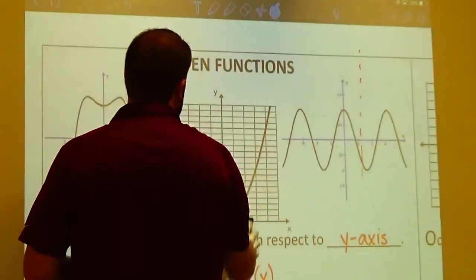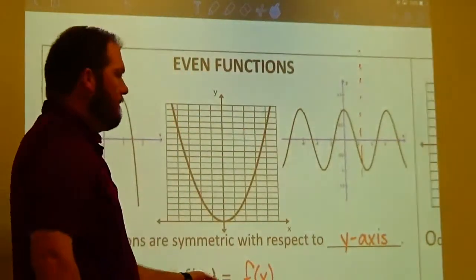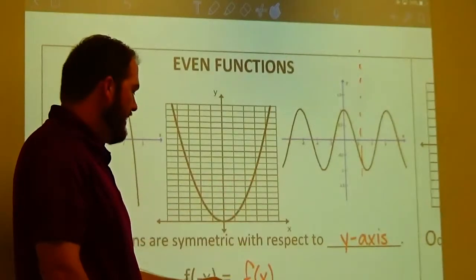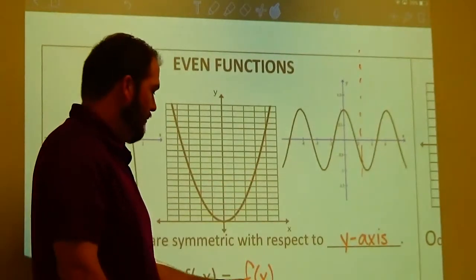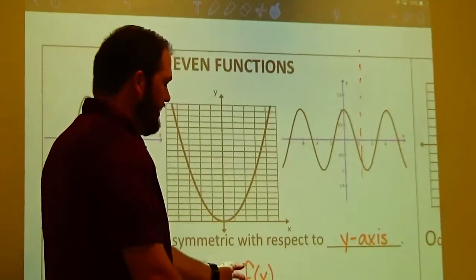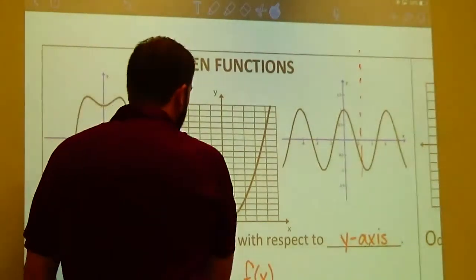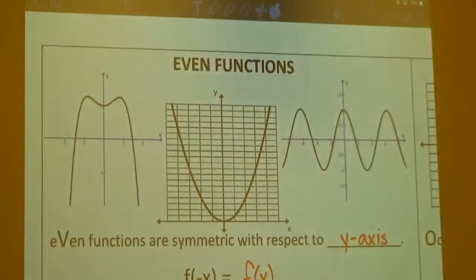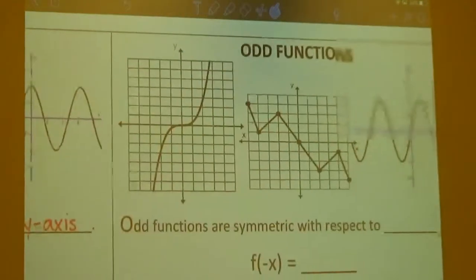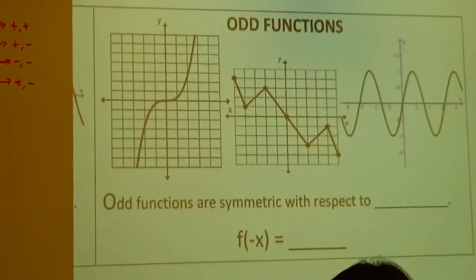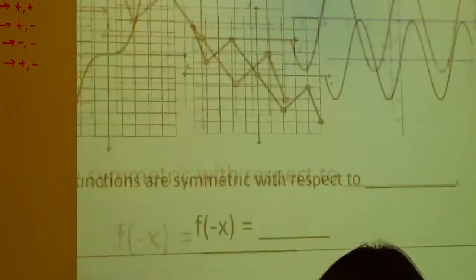We'll do some examples at the end, but essentially, you have your function, whatever your graph is. If I plug negative x in and get my original function out, then it's even. That's what this says. Odd is similar, slightly different. Odd functions are symmetric with respect to the origin.